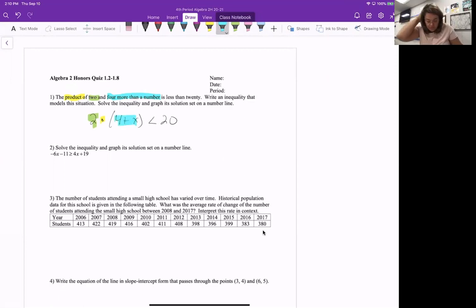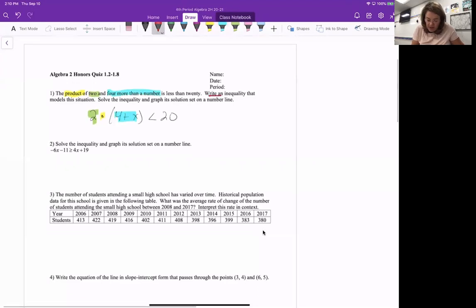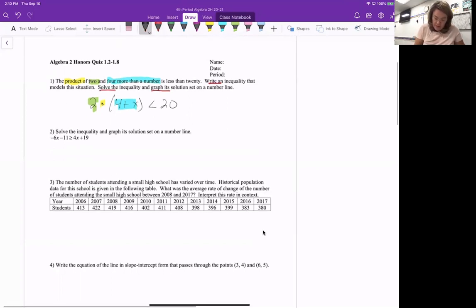And then we have to do a couple things. First, we had to write the inequality, which I just did, and we need to solve the inequality, and then graph its solution set. Now I need to solve for x, and the first thing I'm going to do is divide both sides by 2, and I will get 4 plus x is less than 10.